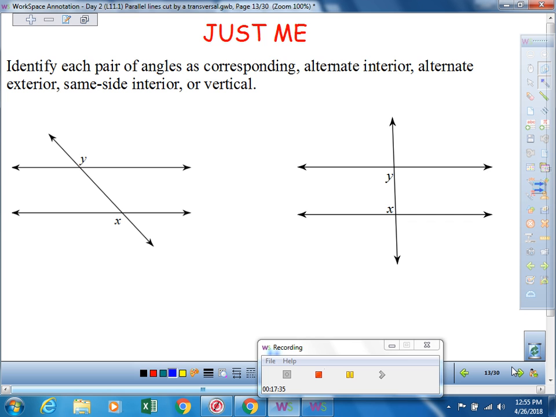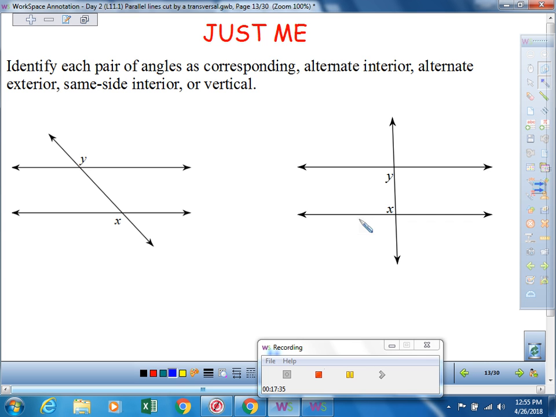All I'm going to do is name them. So we have 5 different pairs of angles that we know. I recommend that you put examples like these on flashcards, exactly like this, and then on the back, you put the name. And then you put if it's congruent or supplementary.